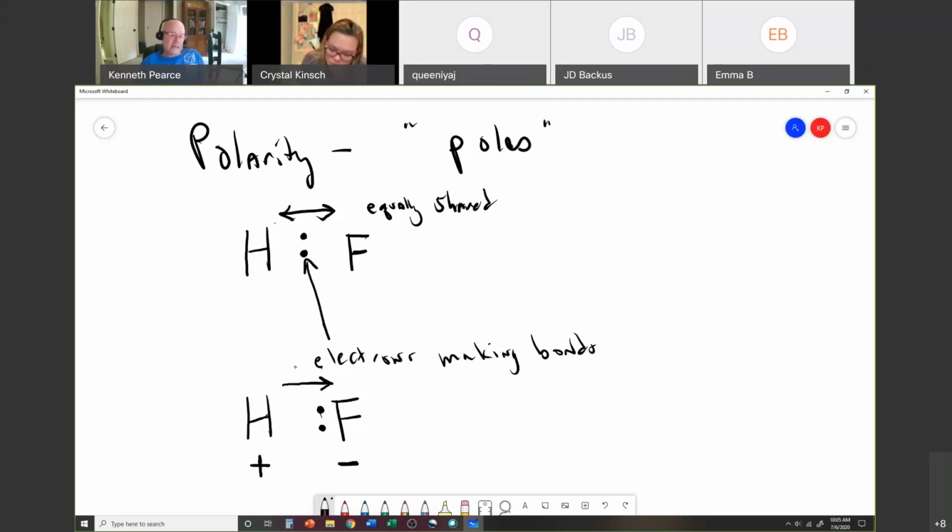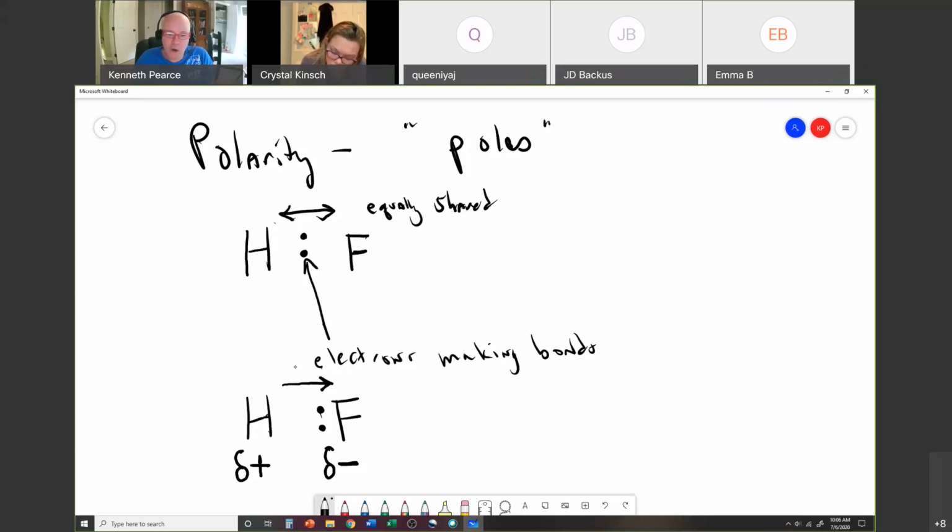Now, it's not an ionic compound. In an ionic compound, we have complete transfer of electrons from one atom to another. This is just pulling them over just a little. So when we say that it's over more on the fluorine, we'll say that this end is what's called a partial negative. And this end over here on the hydrogen, we'll call that a partial positive.